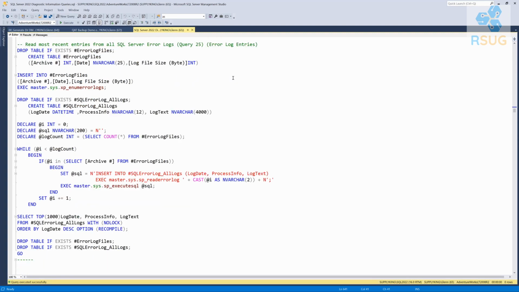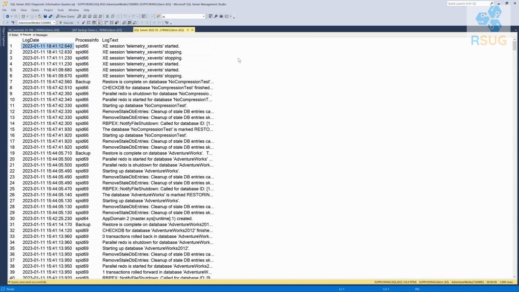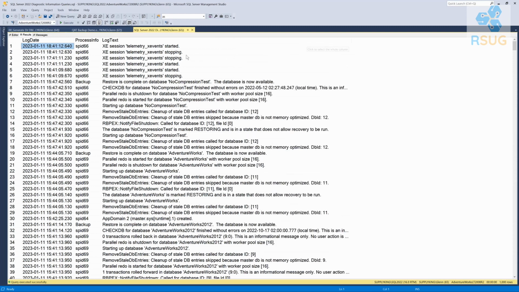So then the next query in the set is just looking at your SQL Server error log and pulling back some of the most recent entries. And it turns out that SQL Server 2022 is very chatty. And some of this stuff in here is kind of annoying, and they'll probably clean some of this up with CU1 or in the future because people will complain about it.